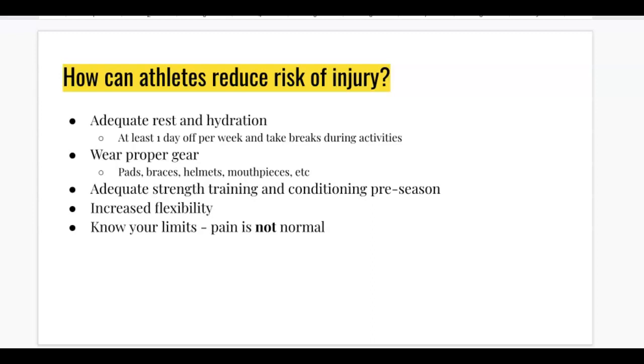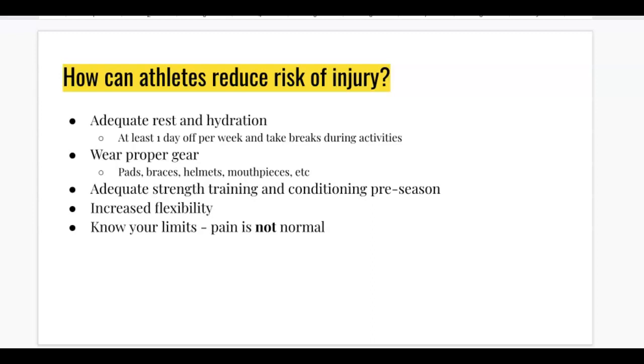It's ideal for athletes who are doing strenuous exercises in competition to have at least one day off per week, and also to take breaks during their exercise bouts. Important for them, of course, to wear proper gear to protect their organs, to promote adequate strength training and conditioning preseason.